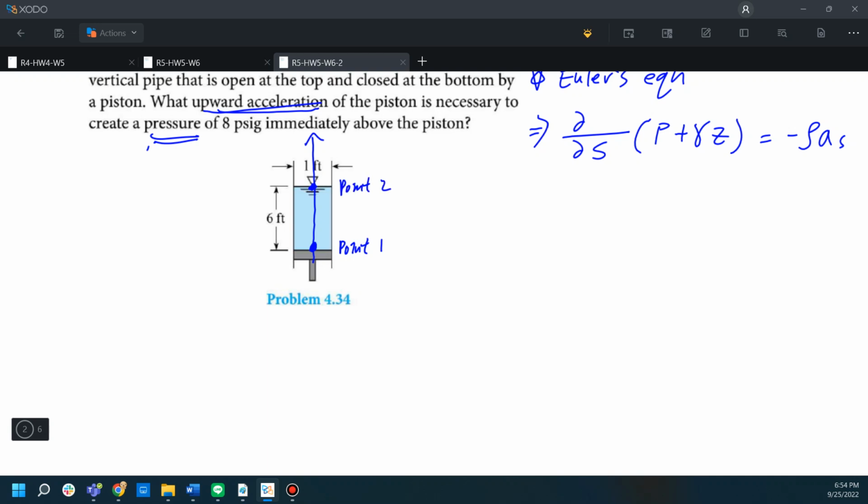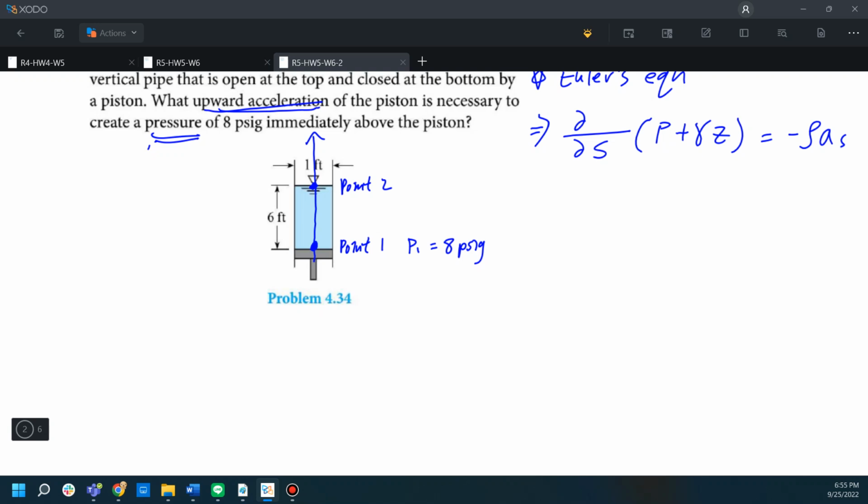What we know about point 1 and point 2 is that the pressure at point 1 is equal to 8 psig, as given by the problem. And the pressure at point 2 is equal to 0 because it's open to the atmosphere. So that's why the pressure is equal to 0.